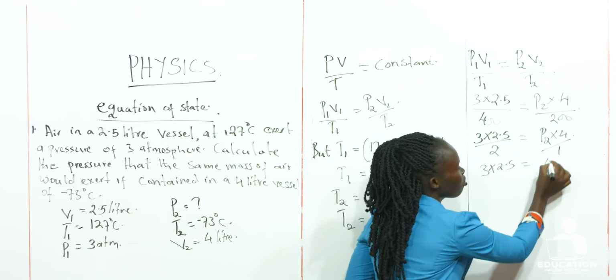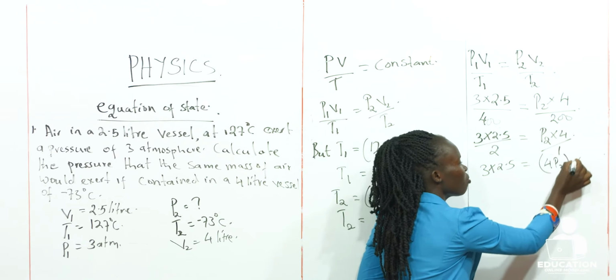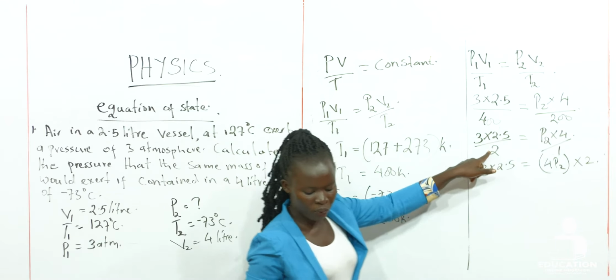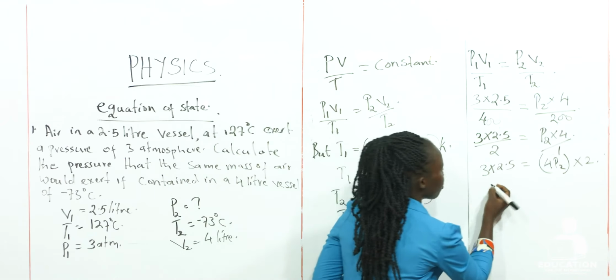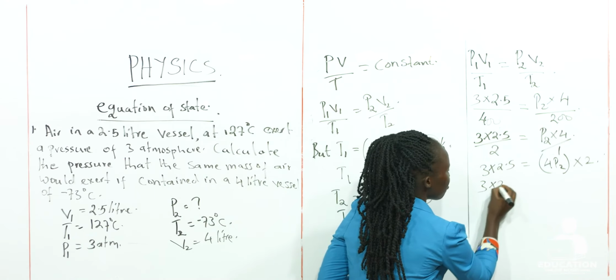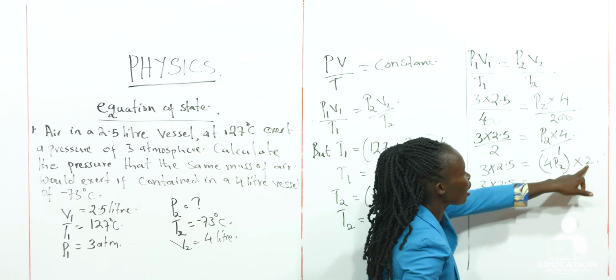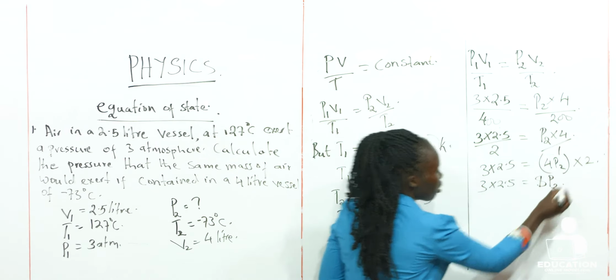So this will give us 4 P2, but then we have to cross multiply. That means we are multiplying it by the 2 here. So if we are multiplying it by this 2, what will it give us? We shall have 3 times 2.5 equaling 4 times 2, which will give us 8 P2.